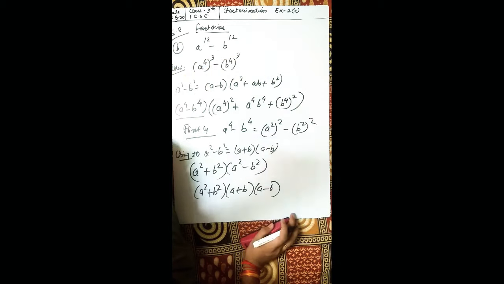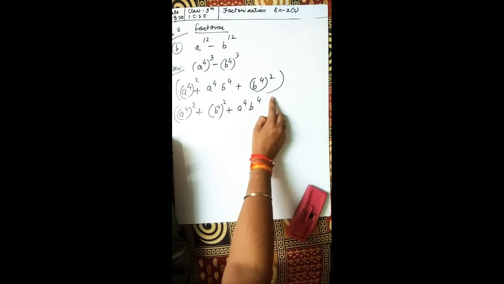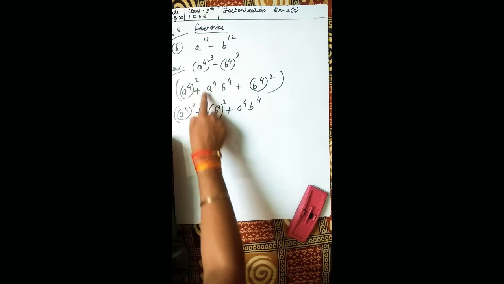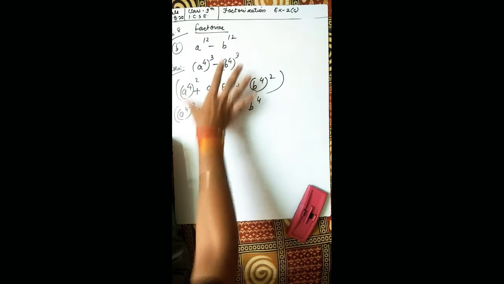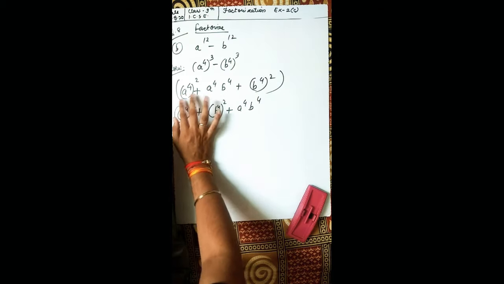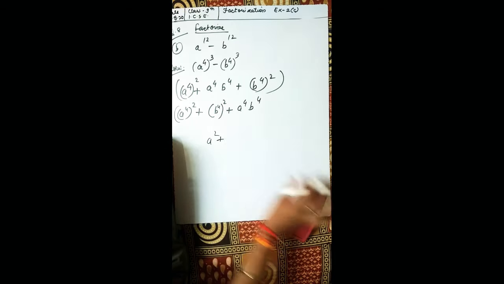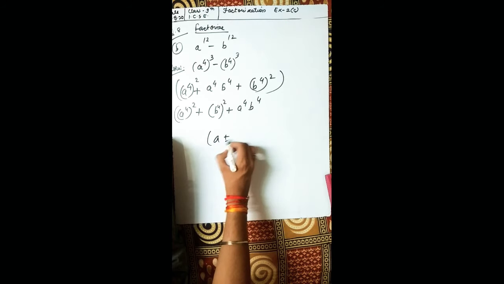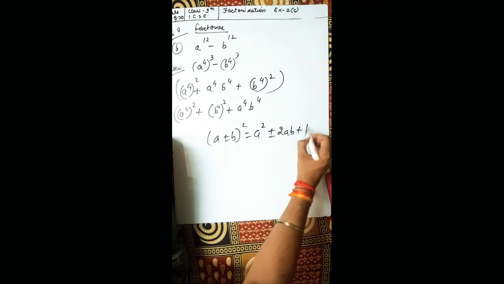Now let us come to this bracket. This is the second bracket we are doing. So this was a to the power 4 whole square plus a to the power 4 b to the power 4 plus b to the power 4 whole square. So how are we going to factorize this? See, we can use the a plus minus b whole square identity, which is a plus minus b whole square, equal to a square plus minus 2ab plus b square.